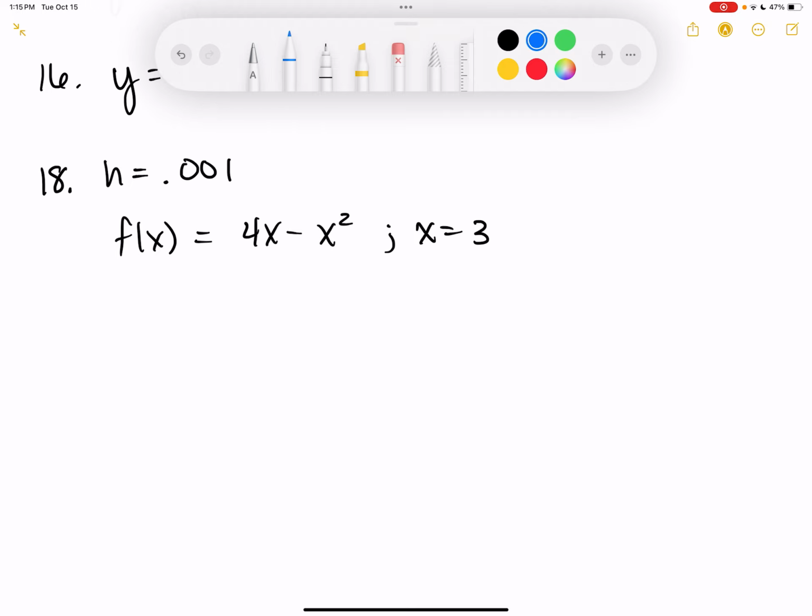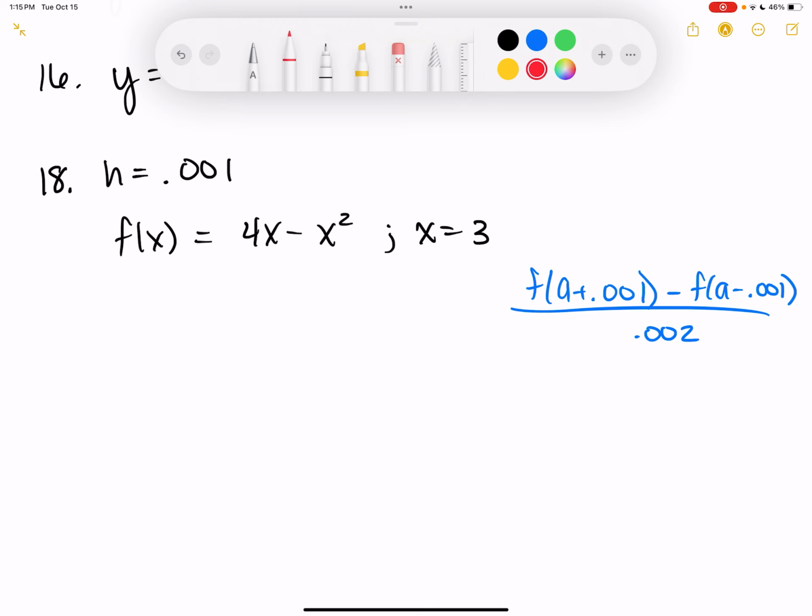So the formula for a numerical derivative at a point is f of a plus 0.001 minus f of a minus 0.001, all over 0.002. So all we're doing is really plugging in 3. They just happened to tell us what h was in case you didn't have your definition given that way.